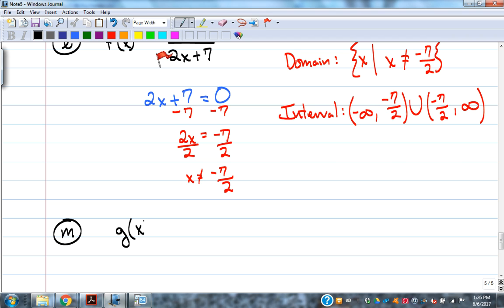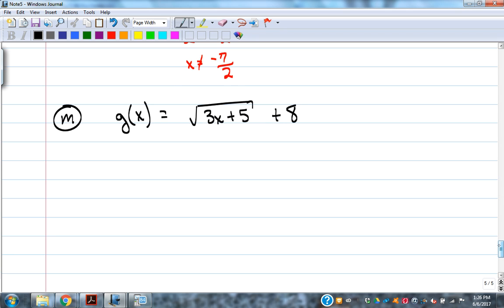Let's take another function. Calling this one g of x, just changing the name of it. Remember, that's just the same thing as y. It's not really anything exciting. Plus 3x plus 5 inside of the square root with a plus 8 outside. We want to find the domain of that function.